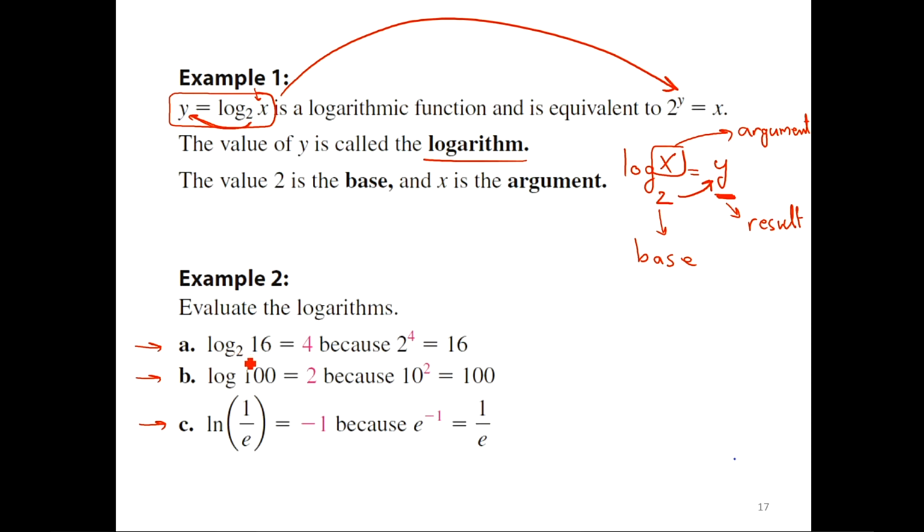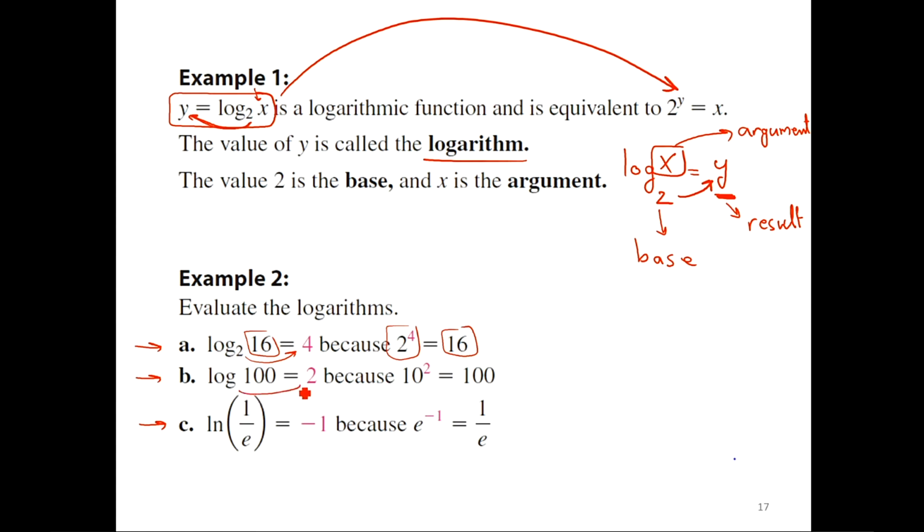Look at this example of equivalence between logarithm and exponential form. If we have logarithm 16 to base 2, this equals what? 4, because 2 to the power 4 equals 16. Now, this means 16 equals what? 2 to the power 4. The same here: this is base 10, but no need to write it.